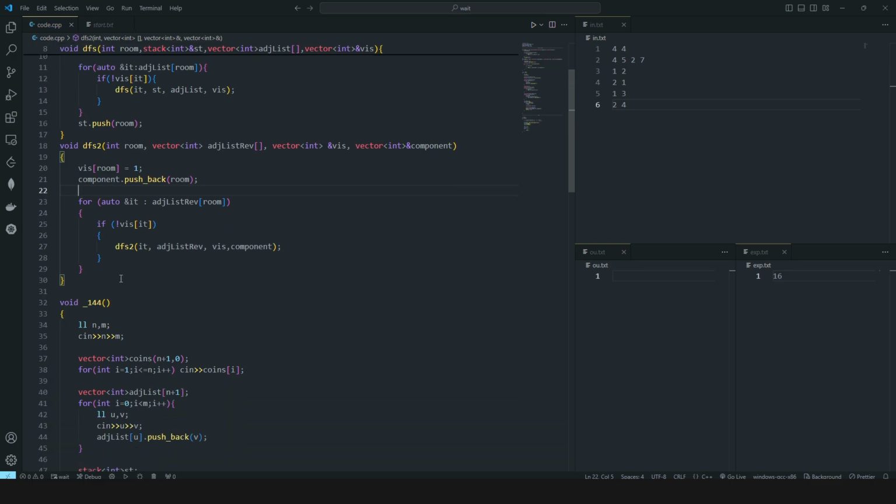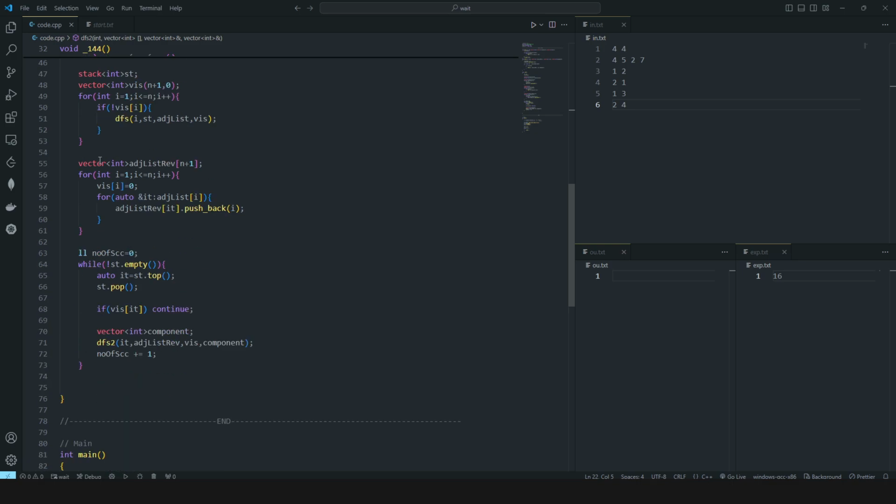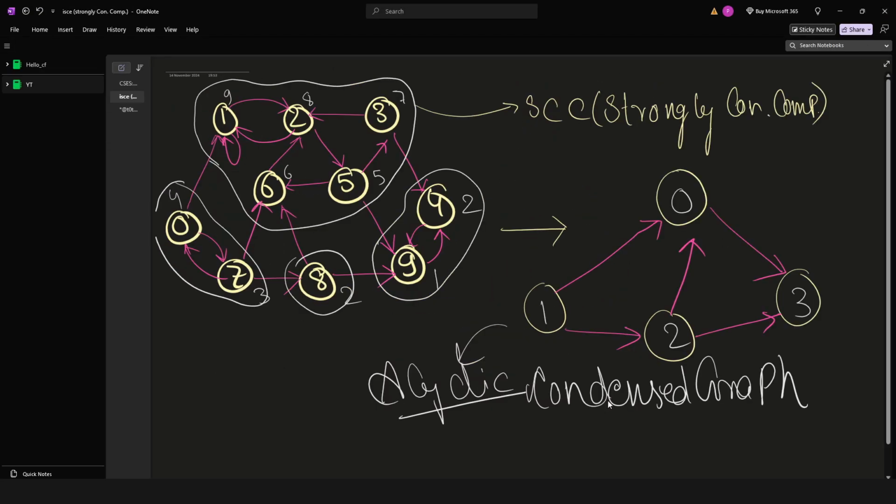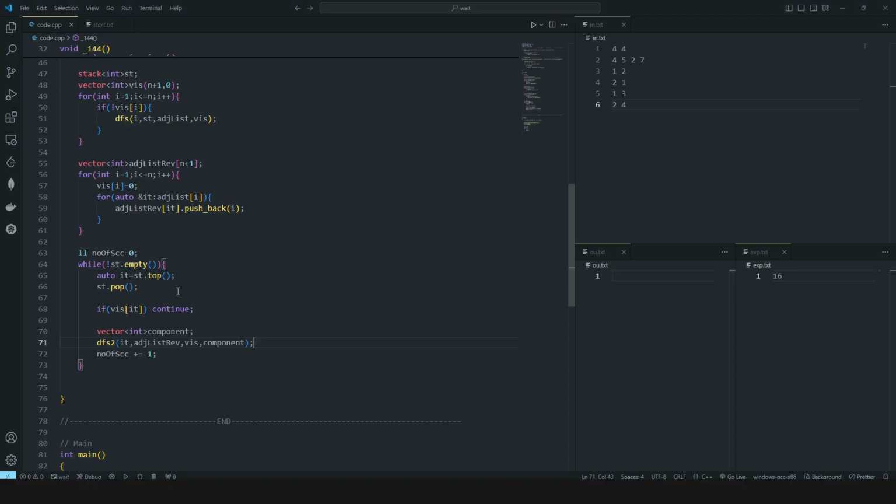After this DFS2 function returns, the component will be storing each and every node present in a separate SCC, right? And at the same time, for each component, whatever the total number of coins present in it, we will also be calculating it at the same time, right? So in order to do this, for each component initially the sum will be 0.